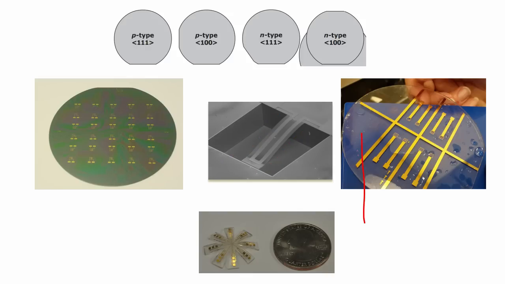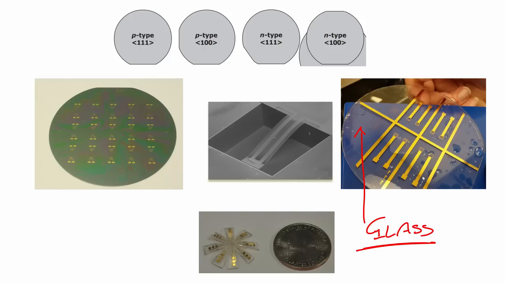This is glass, a glass substrate. I am planning to take one more course on how to fabricate different kinds of patterns on glass, on silicon, on different materials. So right now you do not worry about it.